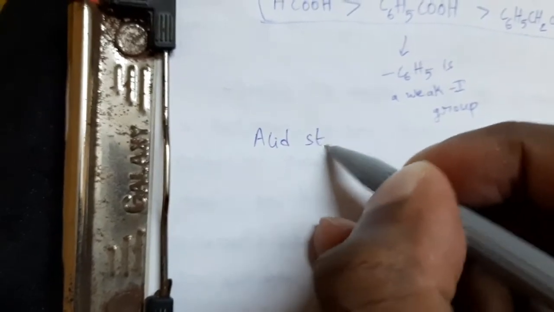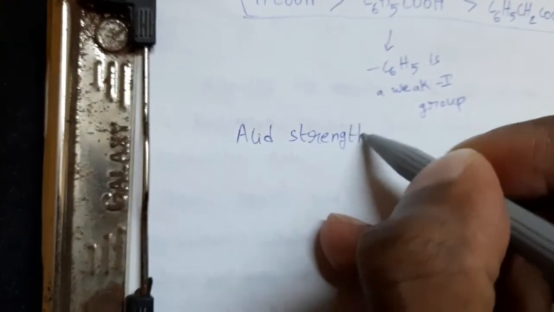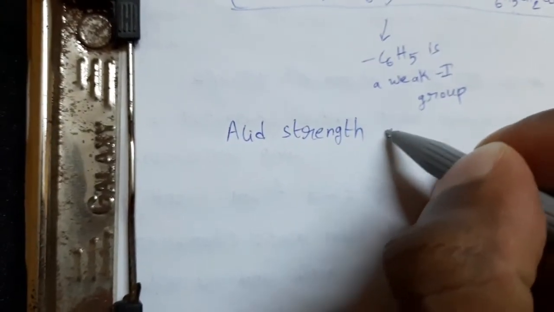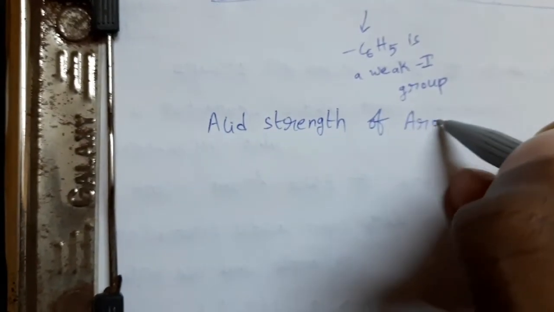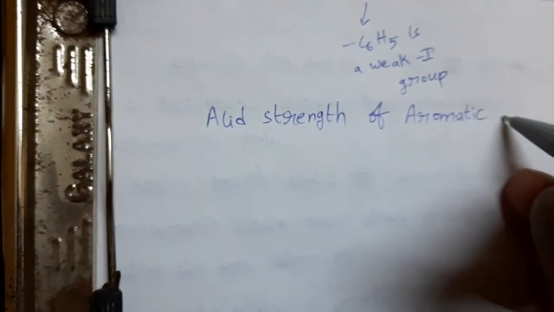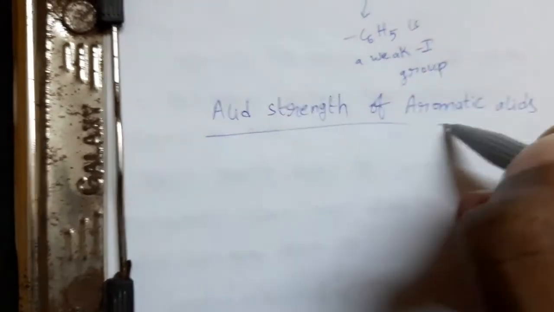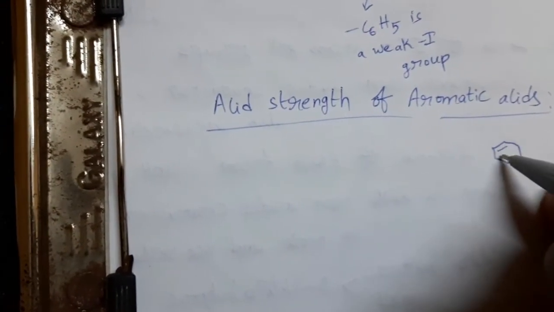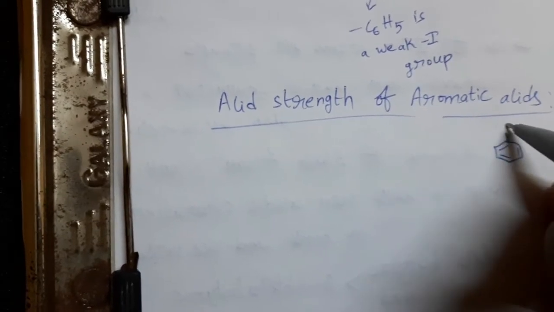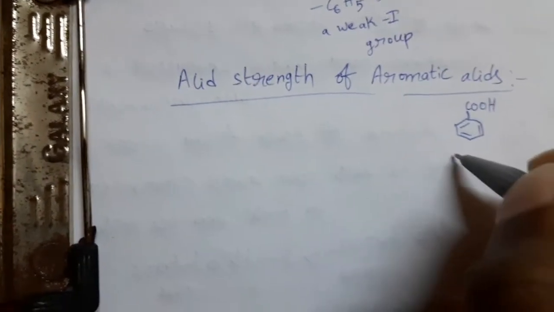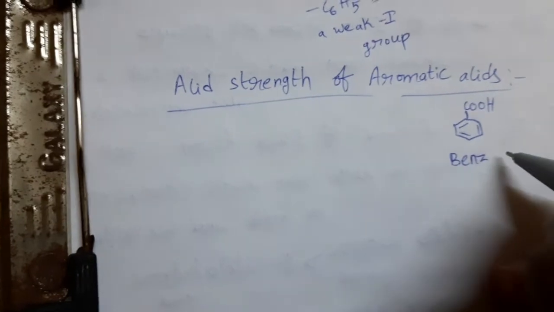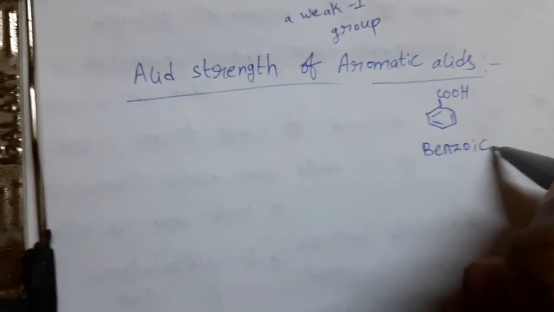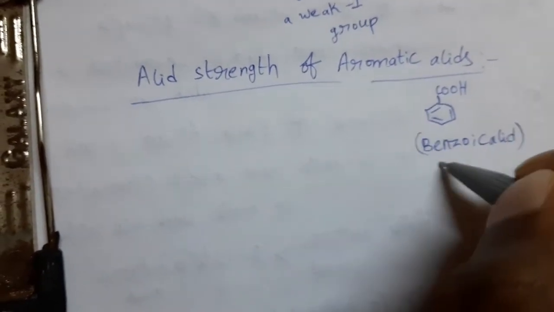Now, see the acid strength for substituted benzoic acid, aromatic acids. Aromatic acid means COOH group attached to the benzene ring, that is called aromatic acid. Example, benzoic acid. This is the structural formula of benzoic acid, C6H5COOH.